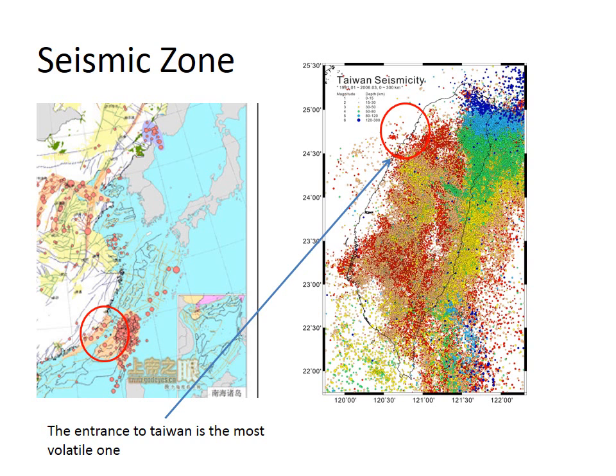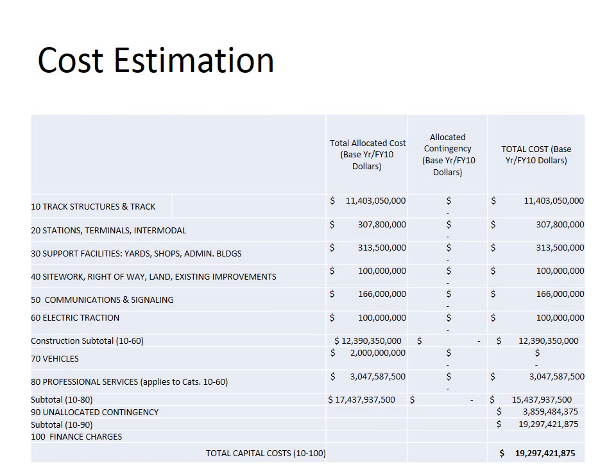And the cost now, the overall estimated cost for building this Fuzhou to Taipei HSR is estimated at $19 billion. It consists mainly of building up the track. The tracks are at grade, on viaducts, on bridge, and inside the tunnel.